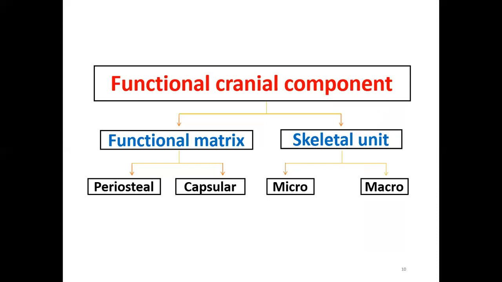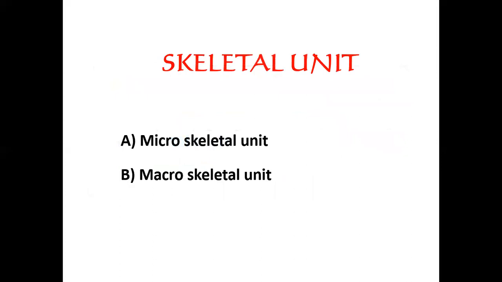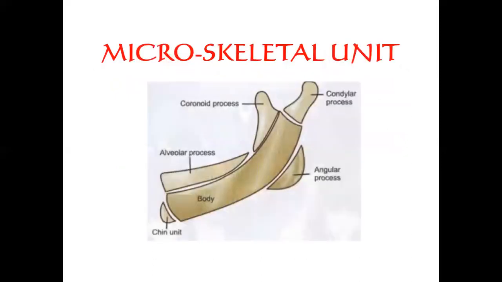All the tissues, organs, and spaces make up the functional matrix, whereas the skeletal tissues related to a specific functional matrix comprise the skeletal unit. The functional matrix can be again divided into periosteal matrix and capsular matrix, and the skeletal unit can be divided into microskeletal unit and macroskeletal unit.